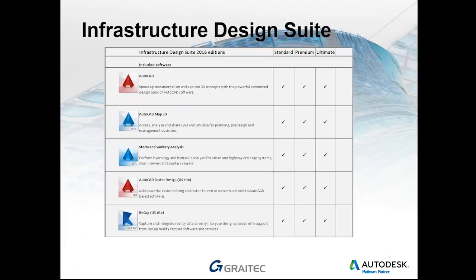The Infrastructure Design Suite, if you've not seen that, for some of you who don't have it, you can buy it in a number of ways. Or if you've got standalone and you want to go to the next level with additional software bundles, then you can buy it as a suite, which is up on the screen now. And there is a new one as well called the Design Bundle Plus.